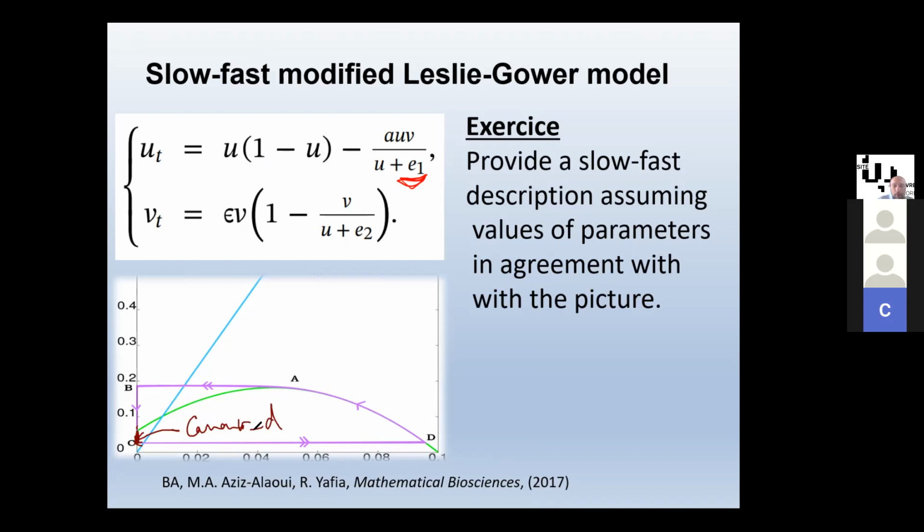Because we follow, this is the definition of the canard, we follow the repulsive part of the critical manifold for a given amount of time, right? Can we compute that? Okay, this was the point of this work, right?